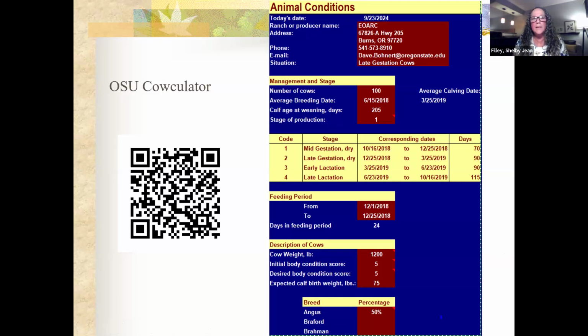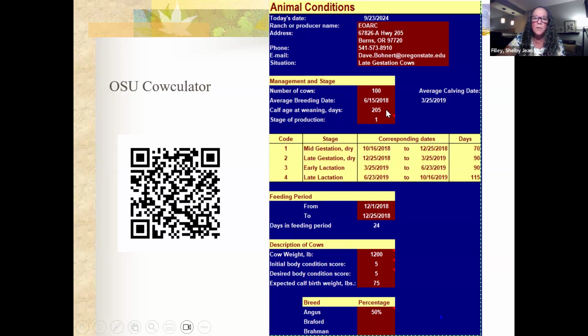But there is a tab where you put in your own hay and supplements that you have protein and energy requirements for. And this will give you an output that has the proportions of all those feeds so that it meets the nutrient requirements of these animals.